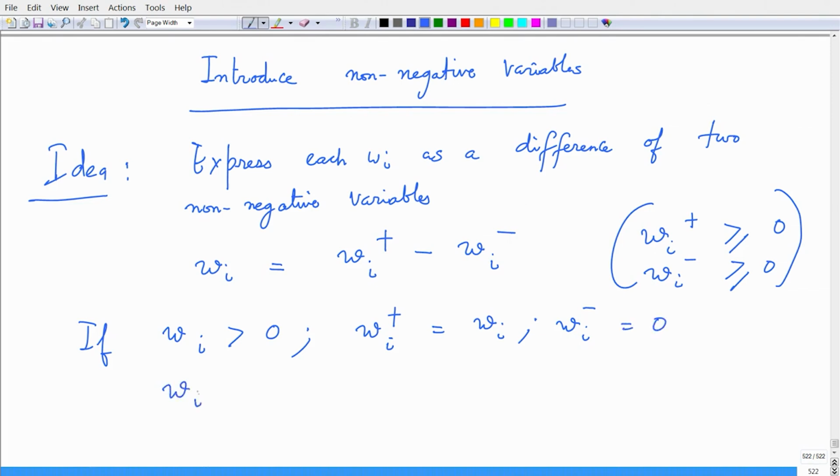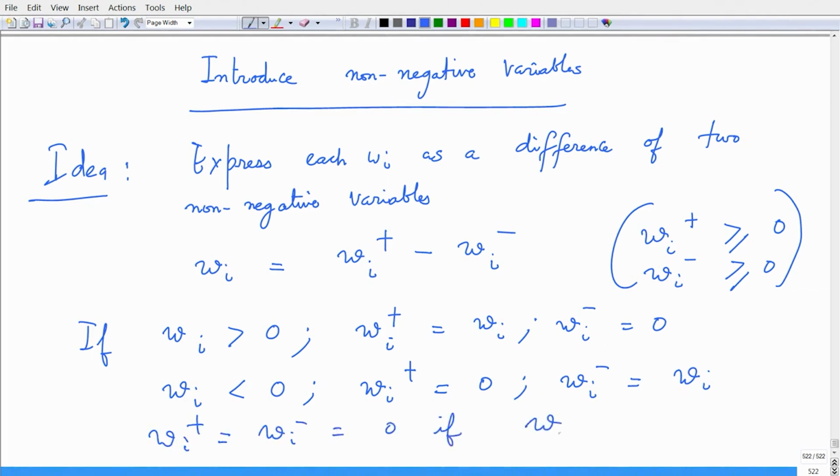Likewise, if Wi is negative, then I choose Wi plus to be equal to 0 and Wi minus to be equal to Wi, and the last case is Wi plus equals Wi minus equals 0 if Wi equals 0. So, we have these three cases.